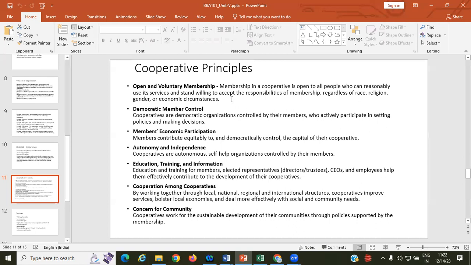What do you want to do, what can you do, what is the problem of the society? You have to identify the problem of the society, then you can act on that. So that kind of concern should be there.